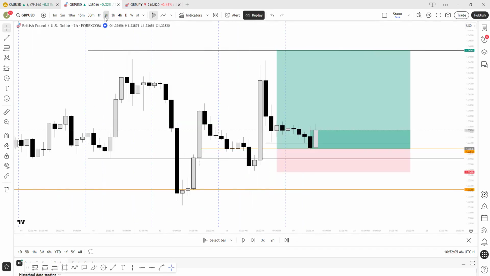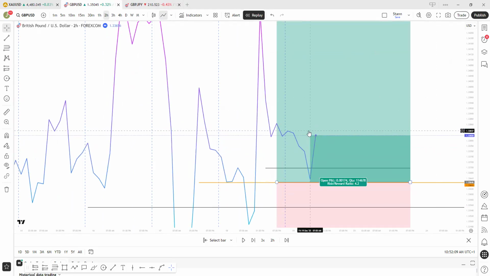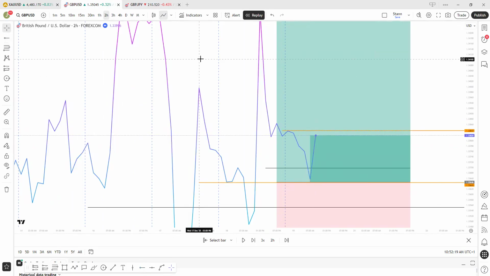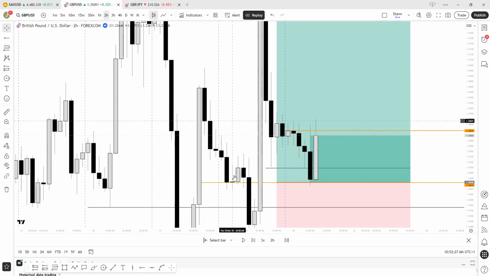A structural confirmation. Do we have it right here? No, we don't. No breakout yet, at least above this key level. Once I get this breakout to the upside, I'm locking in another entry. Do you get the gist now?